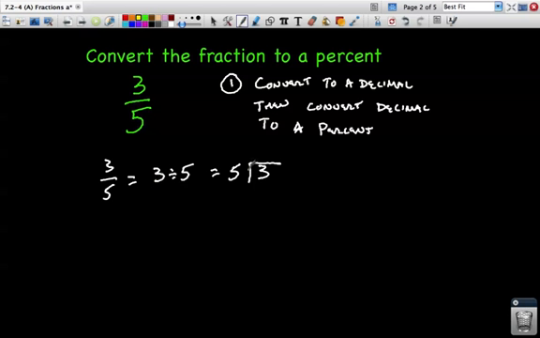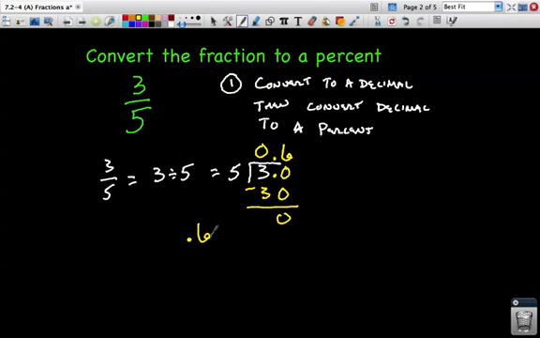The first number always goes in, the second number always goes out. So 5 goes into 3 0 times, so now I need to add my decimal. And the 0. 5 goes into 30 6 times, subtract 30, and I'm left with 0. So I'm all done. I know that 3 divided by 5 is 6/10 or 0.6.